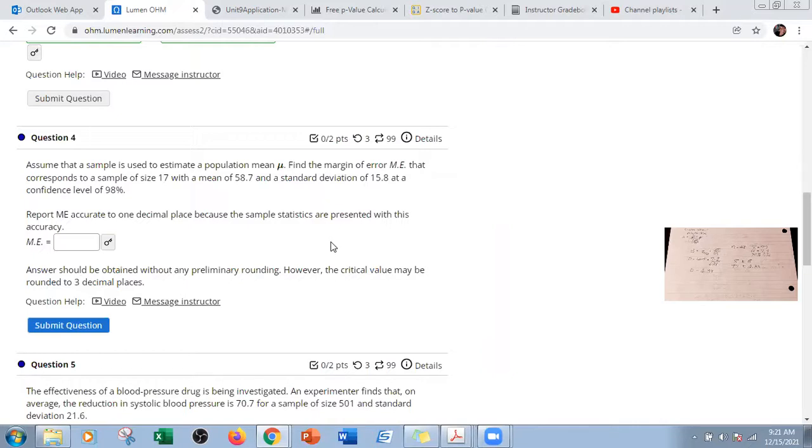The margin of error corresponds to the size 16 with the mean of 63.5 and a standard deviation of 21.6 at confidence level of 90. And it keeps saying that the answer is 9.5, but I got 8.883. So I'm close, but I don't know why I keep doing it wrong.